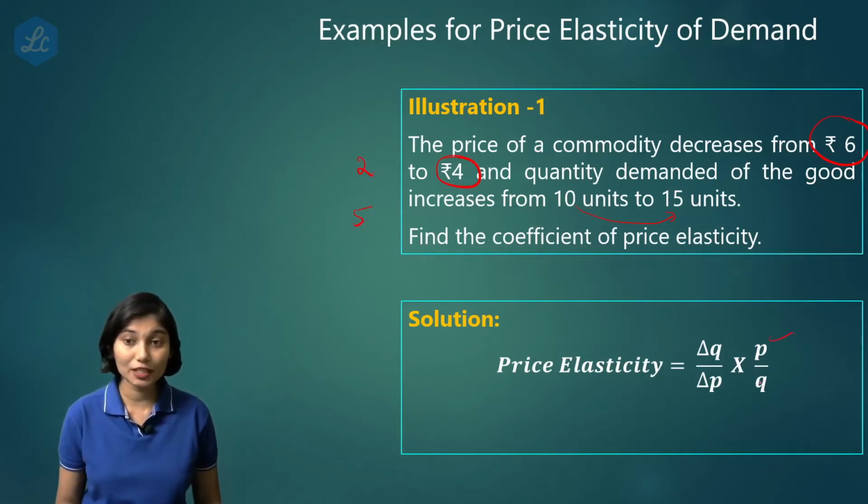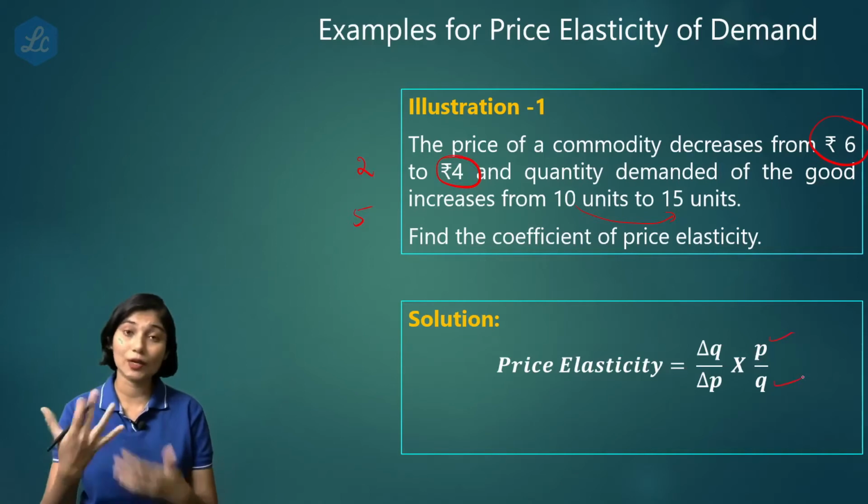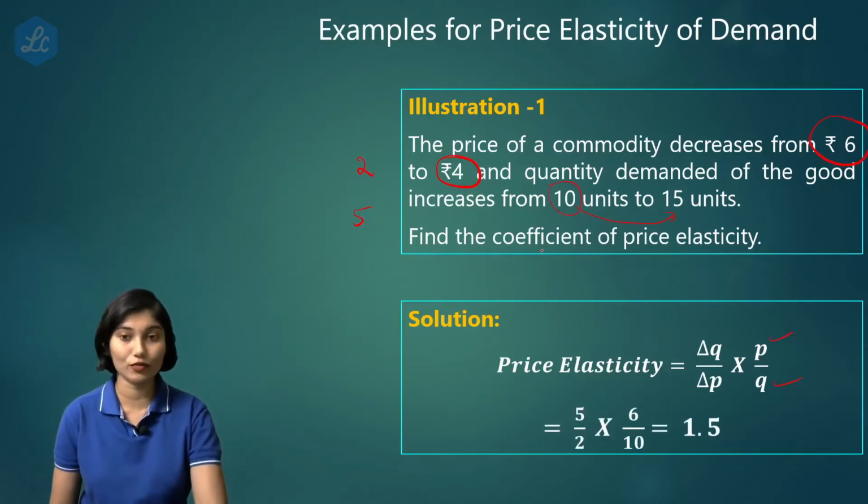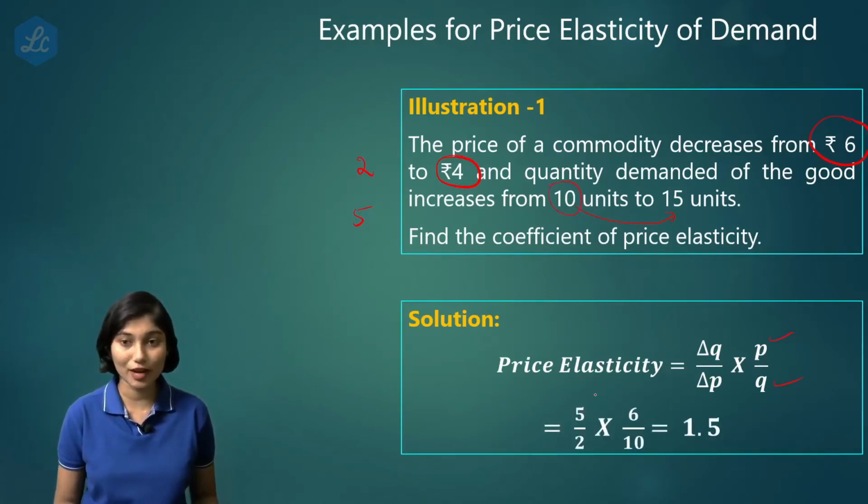Then P and Q are nothing but original price and original quantity. So, original price was 6 and original quantity was 10. Putting this in the formula, you can say 5 by 2 into 6 by 10. And when you calculate that, you get 1.5.